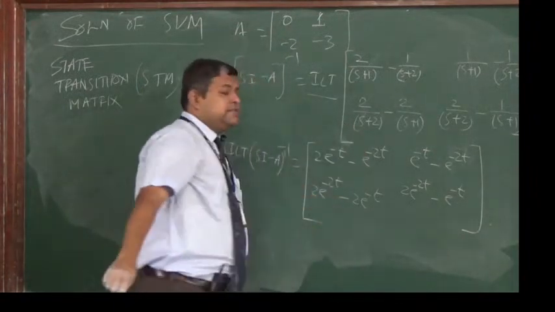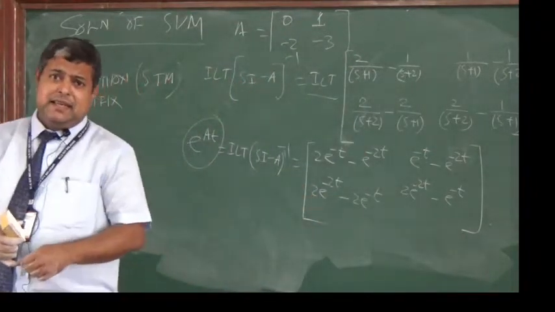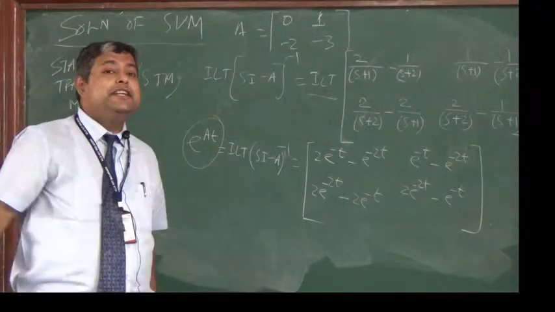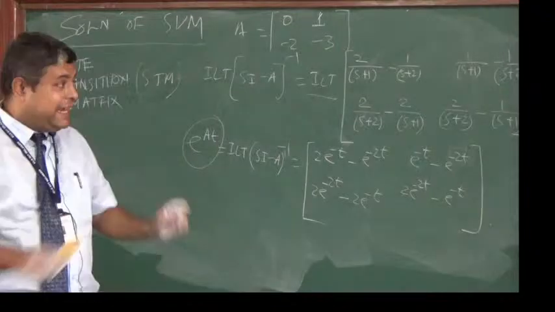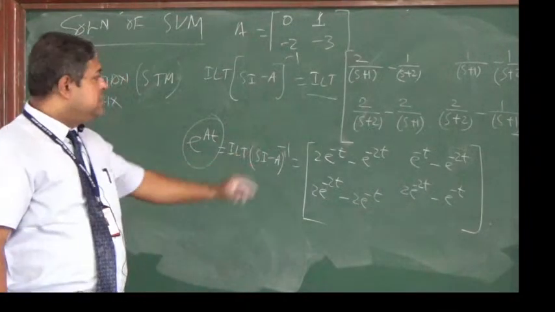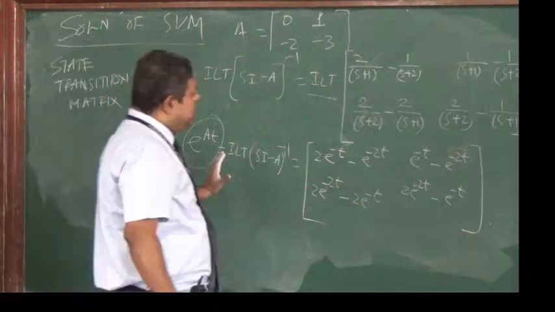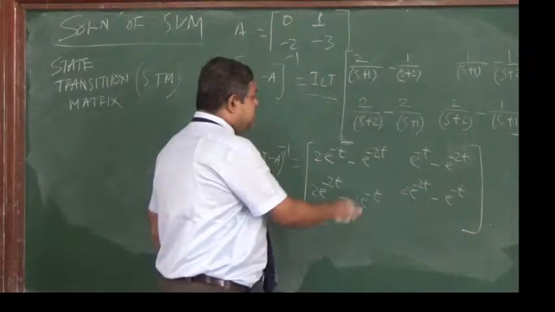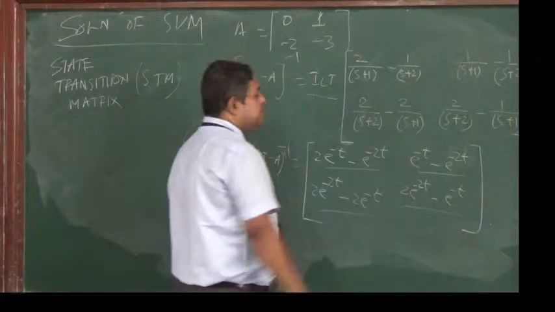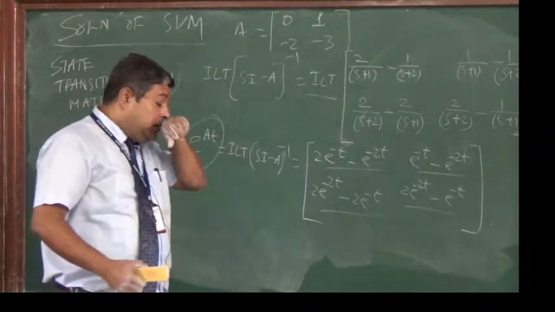So the steps are: first find sI minus A, then find sI minus A inverse, take the determinant into the matrix, perform the partial fractions, and after partial fractions you can get this. This is the first term, this is the second term, this is the third term, and this is the fourth term, like this. Let me confirm.